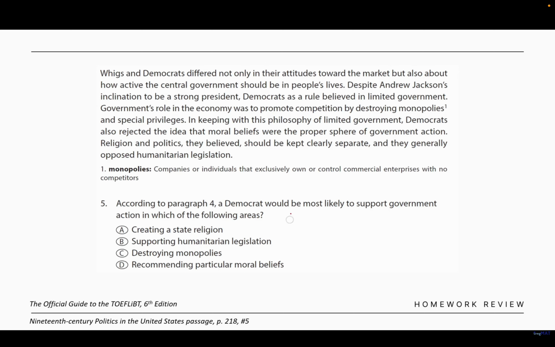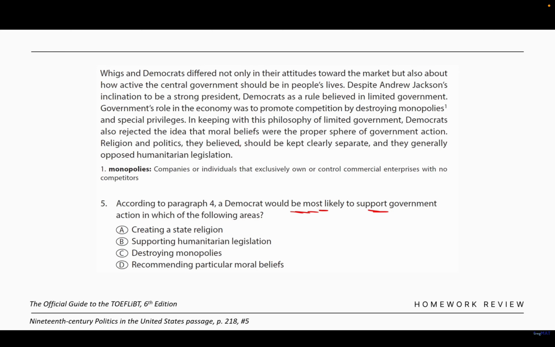So, a Democrat would be inclined, I agree with that, to support government action. To go along with what government action, right? So if we want to rephrase this, a Democrat would be inclined to go along with which of the following government actions.